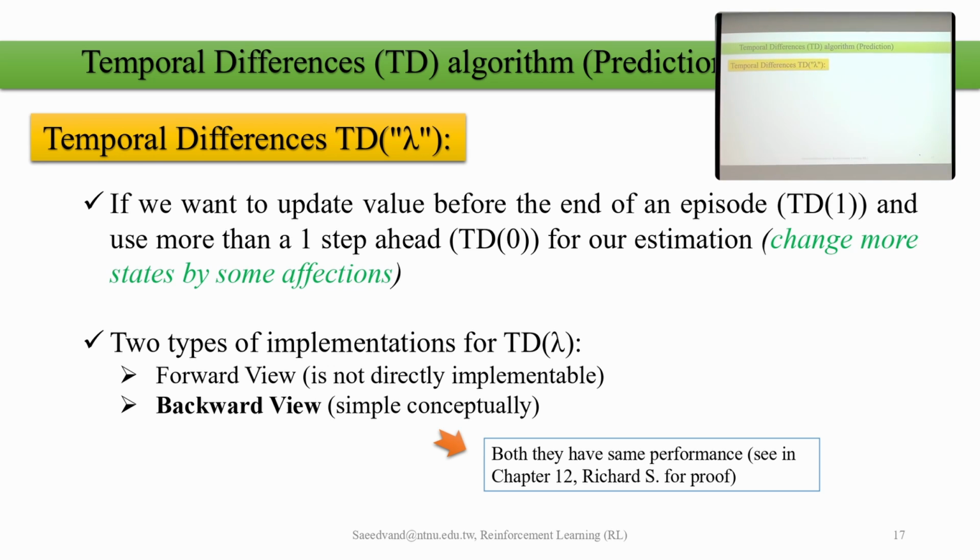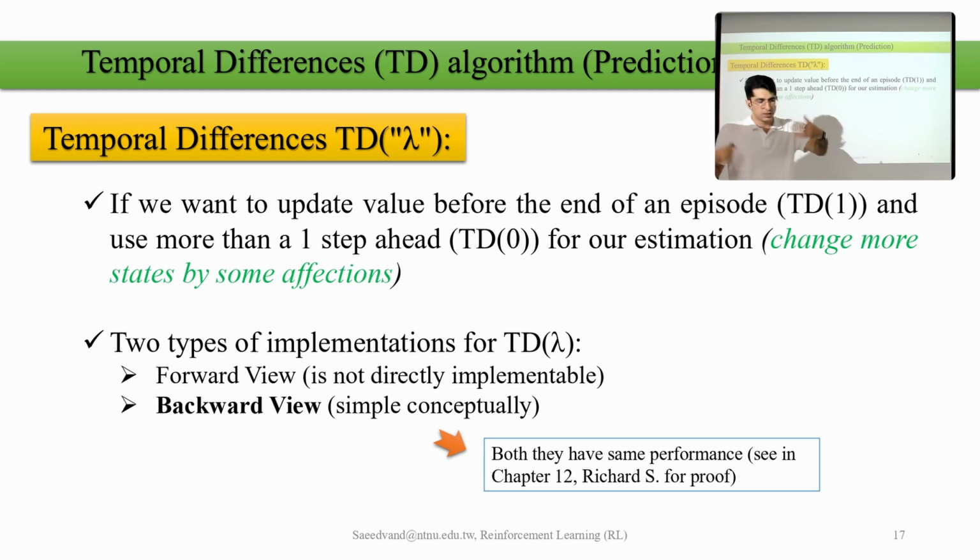Now we are going to talk about the third algorithm, temporal differences lambda, TD lambda. We say if we want to update value before the end of the episode, like TD1, and use more than one step ahead of TD0 for our estimation, what can we do?